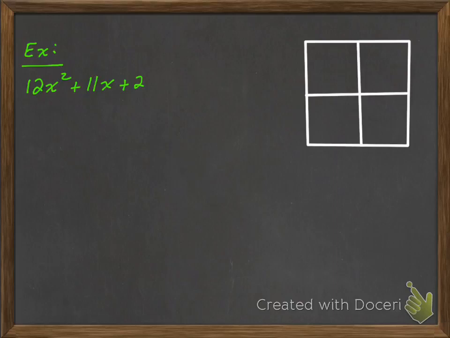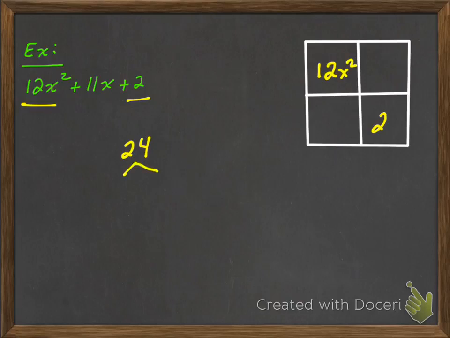All right, let's do another one here. The 12x squared goes in your first box here. The 2 goes in your last box. And then we multiply those values together, which is 24.